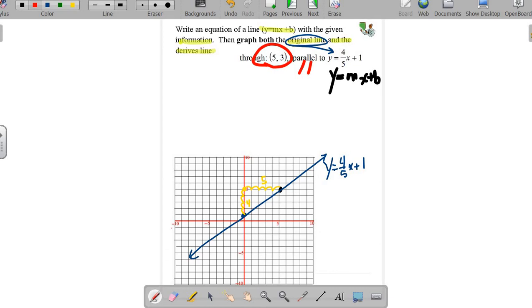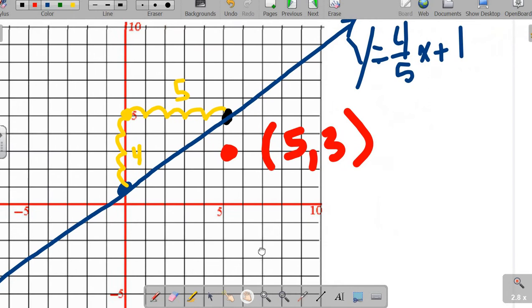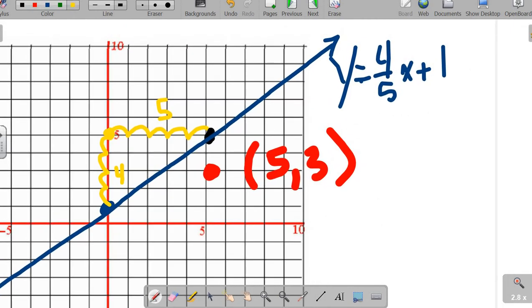So graphically would be like this. We want a line that goes through the point 5, 3. So you plot 5, 3. It's right there. We want it to be parallel, which means the exact same slope. So we count 4/5. 1, 2, 3, 4. 1, 2, 3, 4, 5.